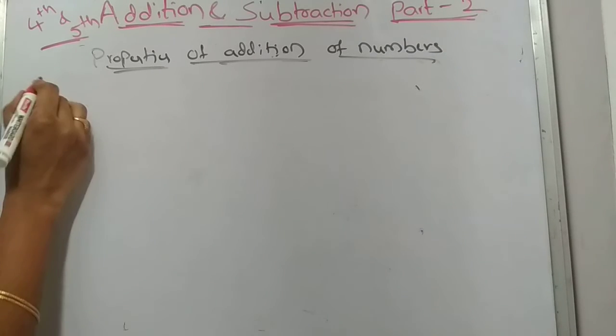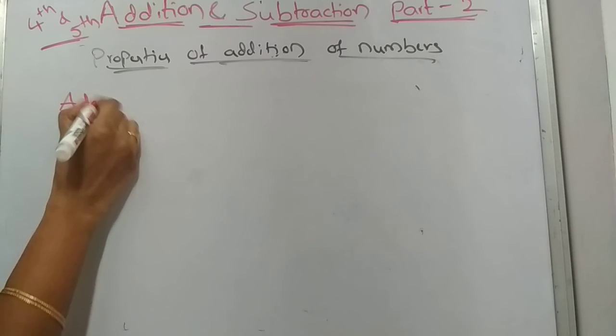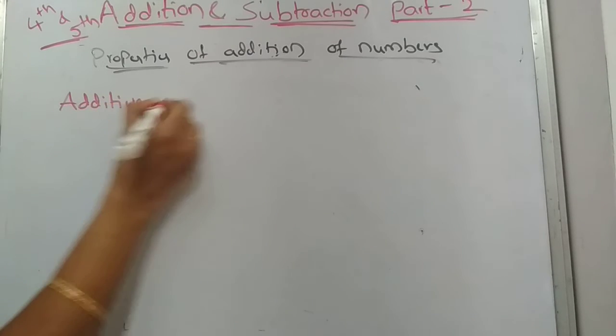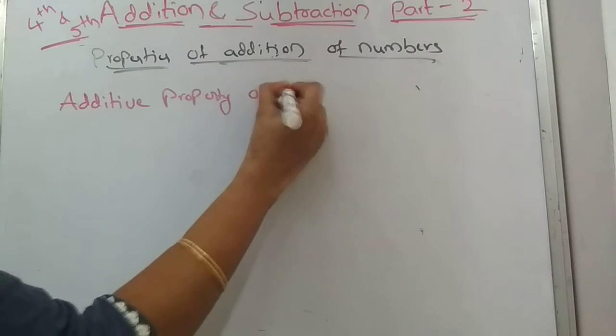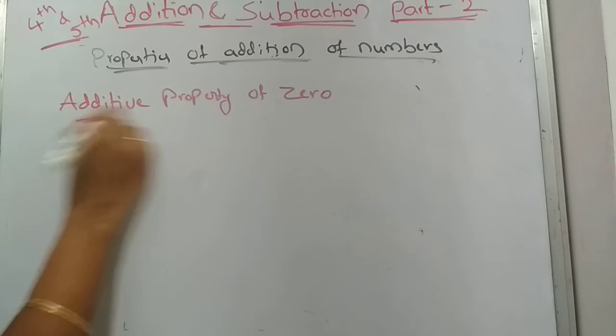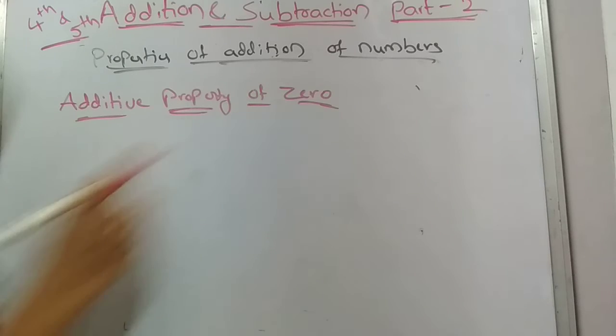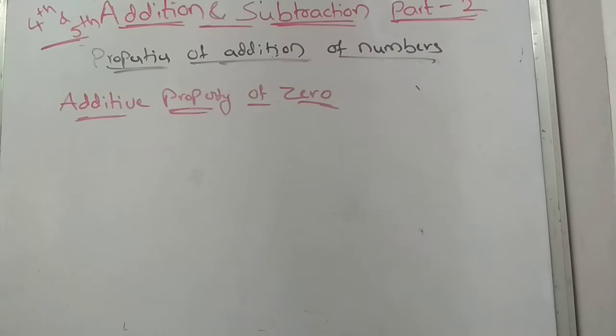Additive property of 0. What is the meaning of this? The sum of a number and 0 is the number itself.